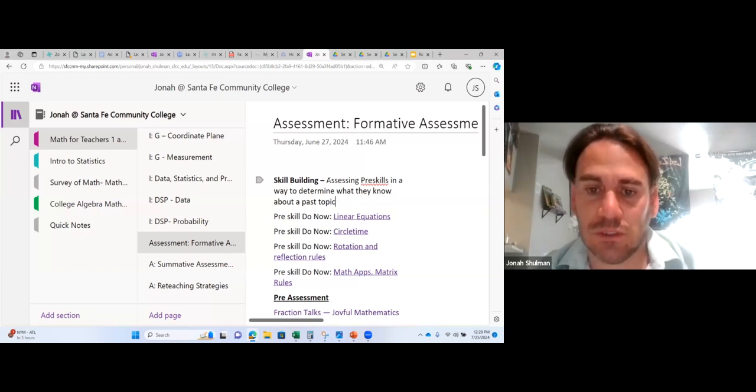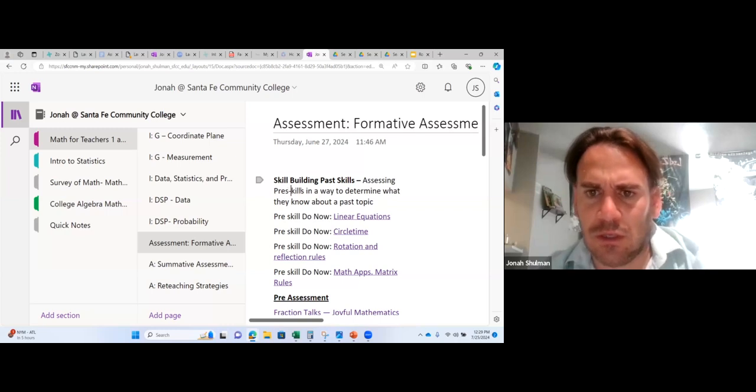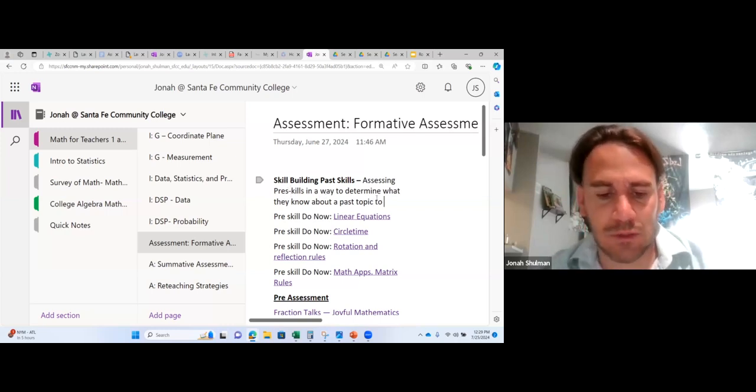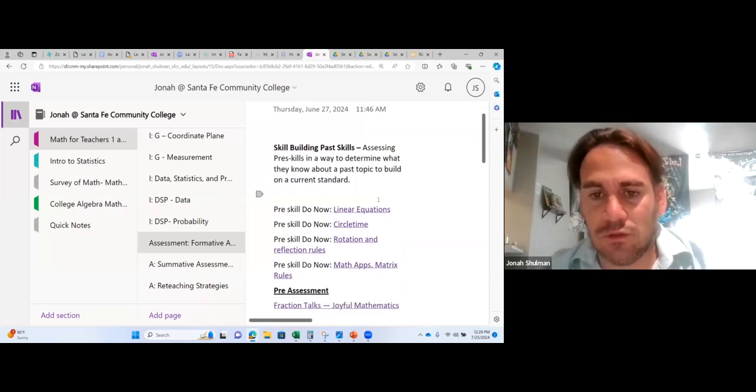This skill building is all from past skills. That's what all of these are. So you're assessing pre-skills to determine what they know about a past topic to build on a current standard. So that is the first group.